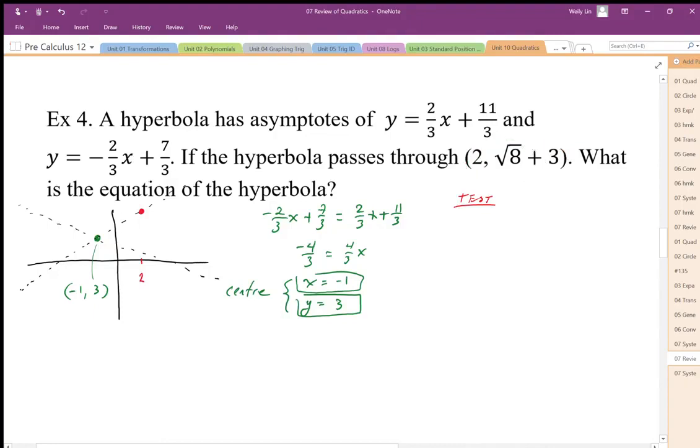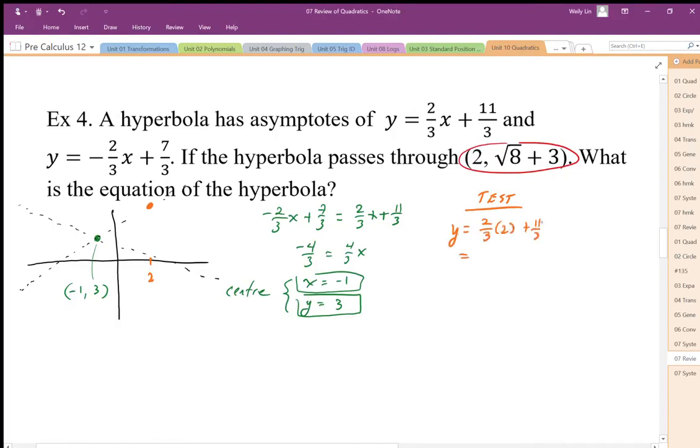We're going to do this test in orange. When I test x equals 2, I'm going to find that point and compare it to the given point. I plug my x coordinate into my line, y equals 2 over 3 x plus 11 over 3. So y equals 2 over 3 times 2 plus 11 over 3.